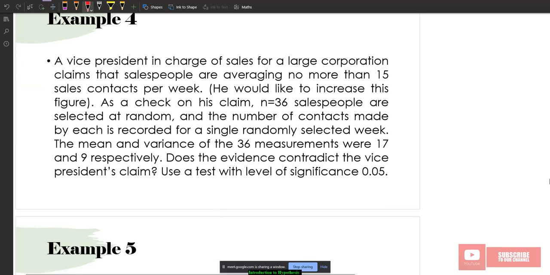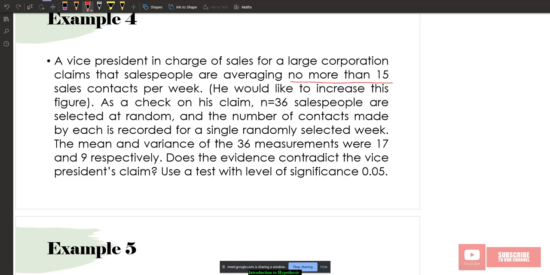So now look at example number 4. What is the null hypothesis? Let's read a little. Here it says the Vice President in charge of sales for a large corporation claims that salespeople are averaging no more than 15 sales contacts per week.